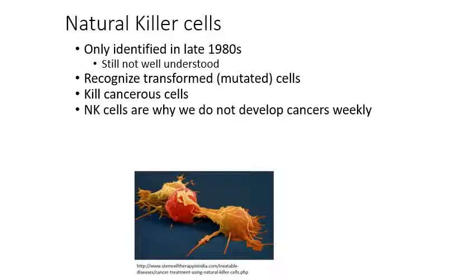They can tell when one of your cells has been infected by a virus, and they can go kill that cell before the virus has time to spread. They can also recognize when your cells become cancerous. If a cell mutates and becomes cancerous, natural killer cells can usually distinguish that and go destroy that cell before the cancer spreads. So a very important part of your innate immune system.